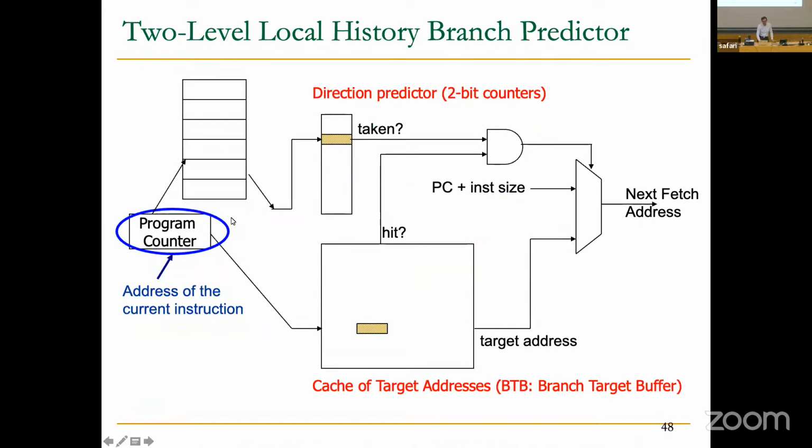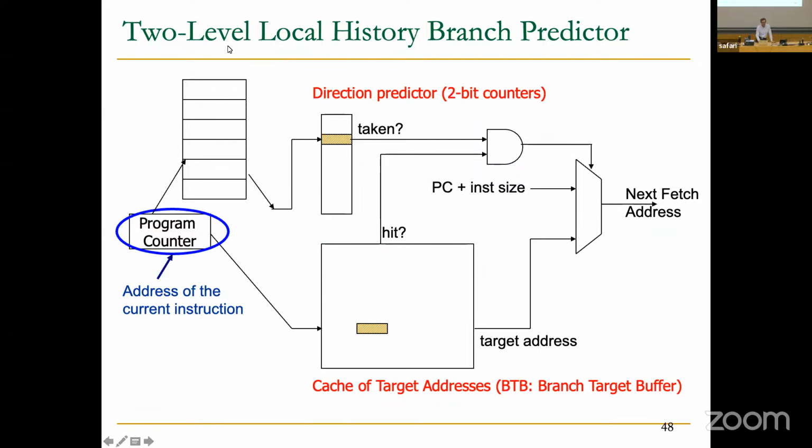And let's take a look at it. I've shown you the global version of this, and then the gshare version of this. This is what the local version looks like. You take the program counter, there's no global history here, and you index into this table of local history registers. Based on the program counter, you get a local history for that branch, and you use that to index into your direction predictor, which is the pattern history table, as we showed earlier.